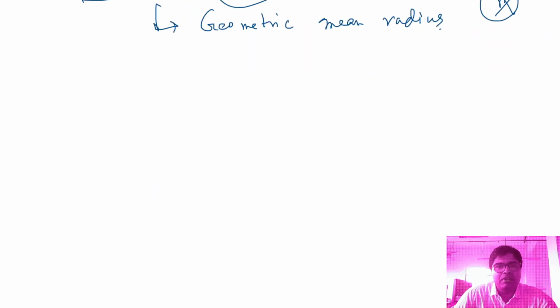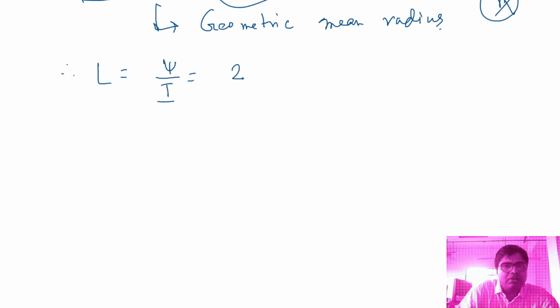So this is very interesting. So we have inductance L, that is psi by I. That will be equal to 2 into 10 to the power minus 7 ln d by r dash. What is d?